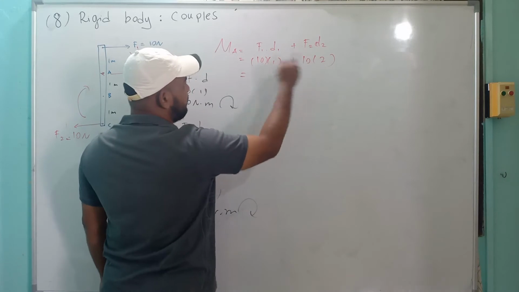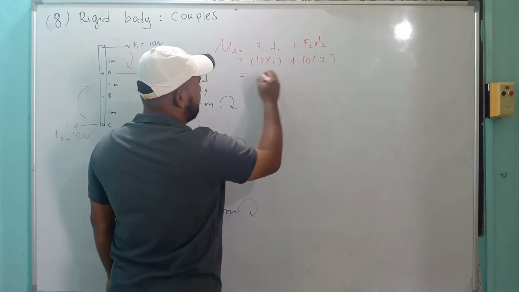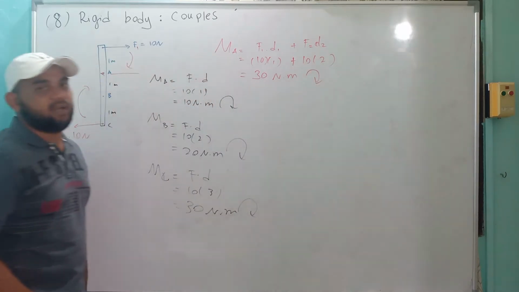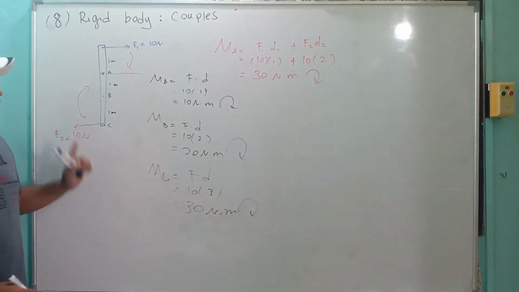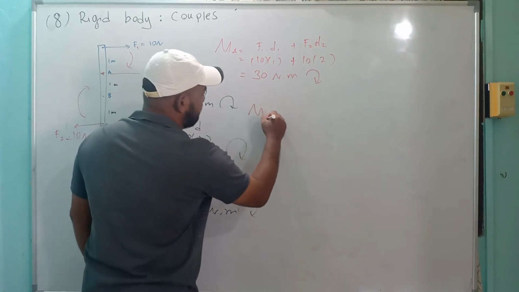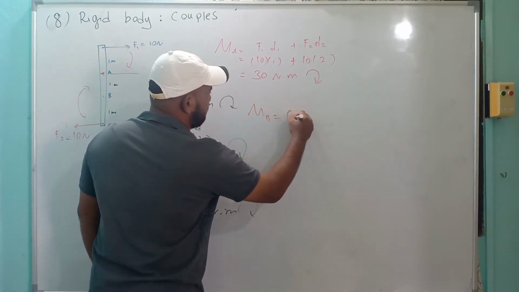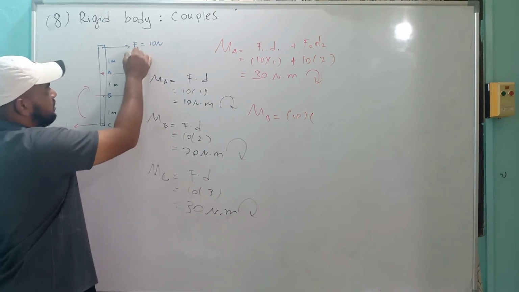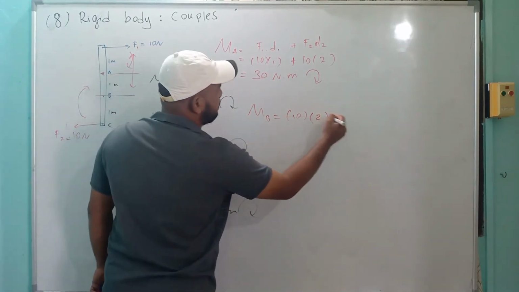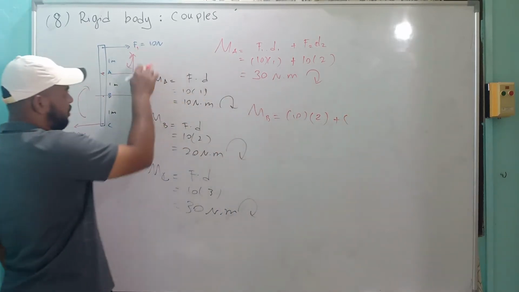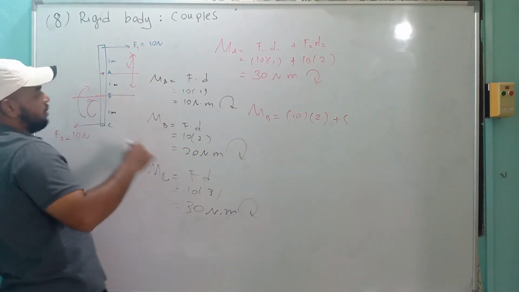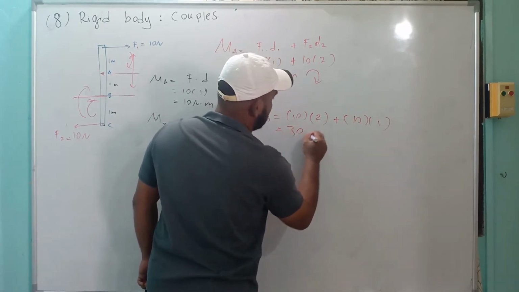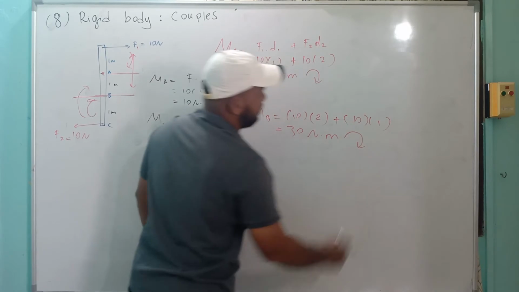So 10 plus 20, which is 30 Newton meter, clockwise.